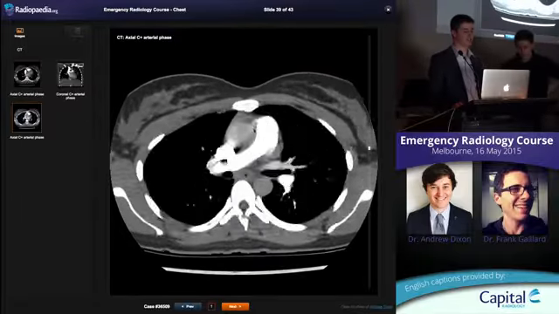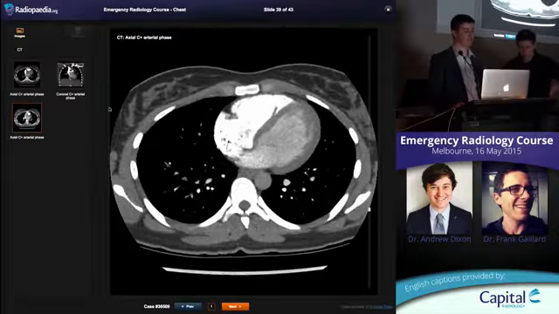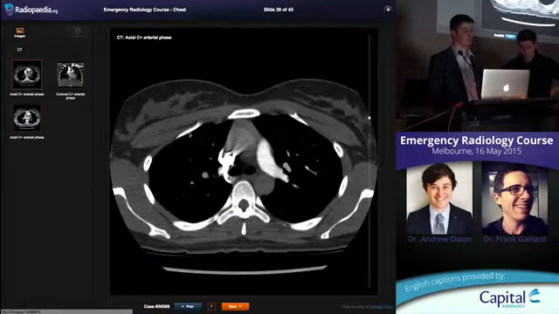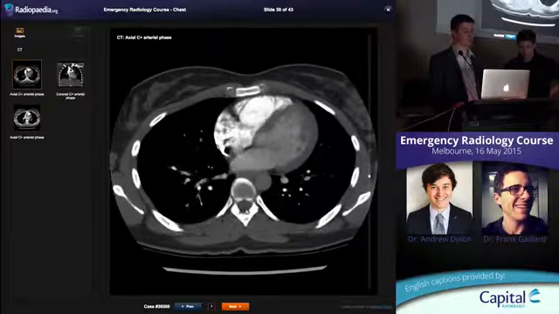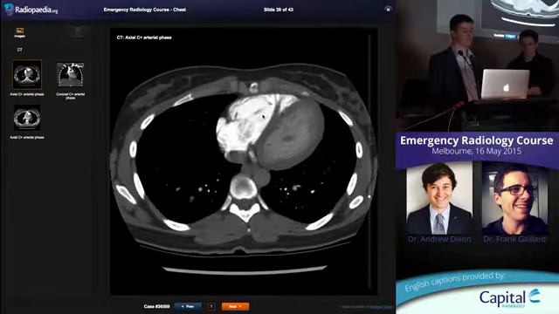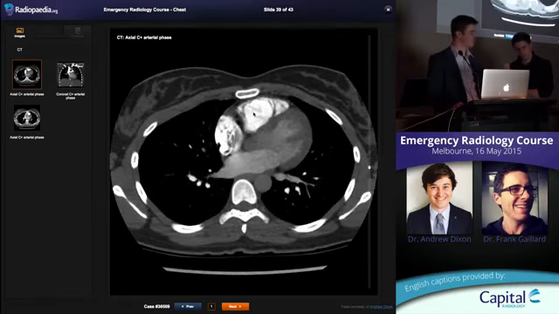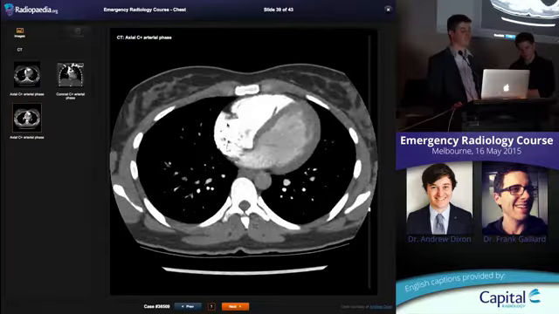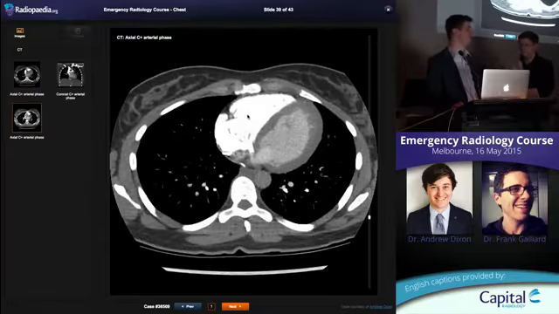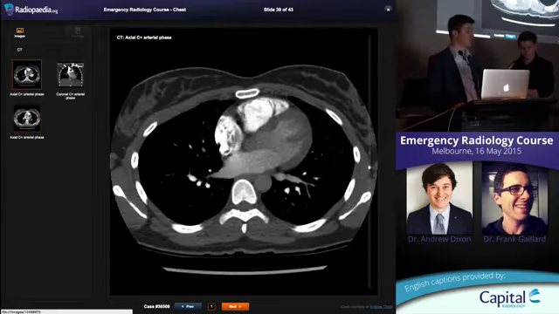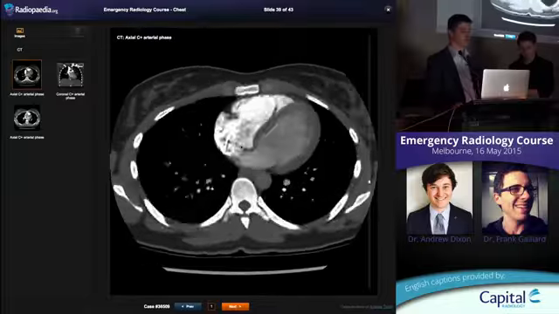So this is what it comes across naturally like, okay, very, very dense contrast. And here's what it looks like when you window it down a bit, okay. See all that swirling? See how you can detect all this swirling of blood in the ventricle? That's what you want to see. You want to be able to see the fine detail of what's happening intraluminally within these vessels. You don't want that flaring out, complete whiteout, okay. So that's the first tip for CTPA.